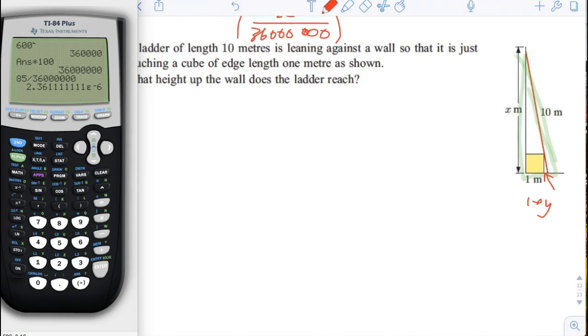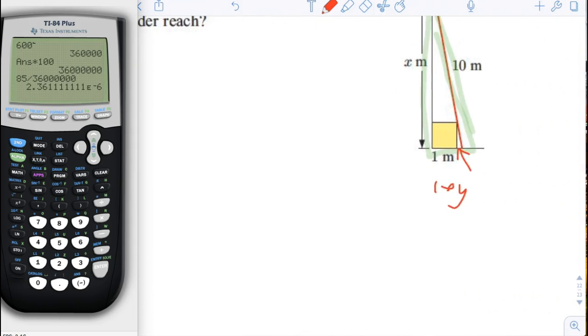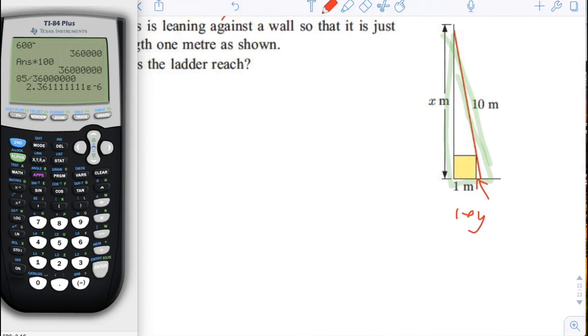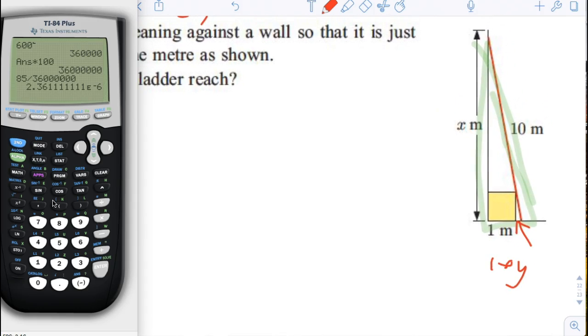And then we'll write the Pythagorean's theorem equation. It will be x squared plus (1 plus y) squared equals 10 squared. Now what we need to do is get rid of one of the variables, like the y, because we want to know what the x length is. We don't care about y. So can we make another equation which uses proportions to express y in terms of x?